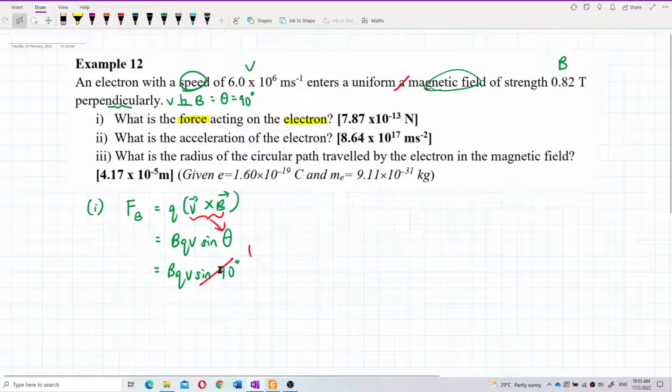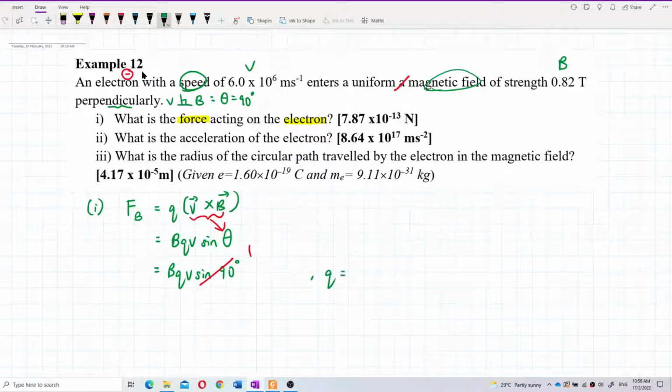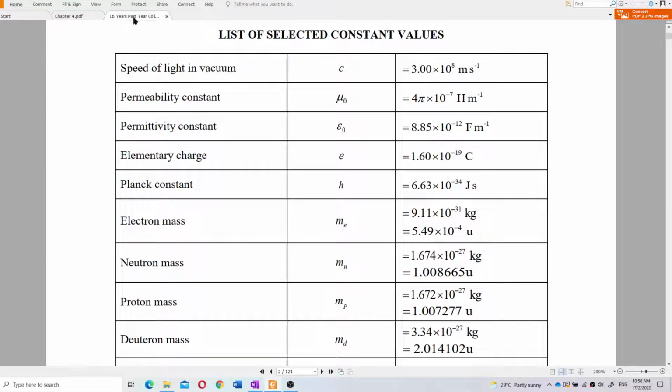So I think you can find the force acting on the electron. Electron is a negative charge, and the charge is 1 electron charge. Actually, electron charge you can find in the list of constants: 1.6 exponent negative 19 coulomb.